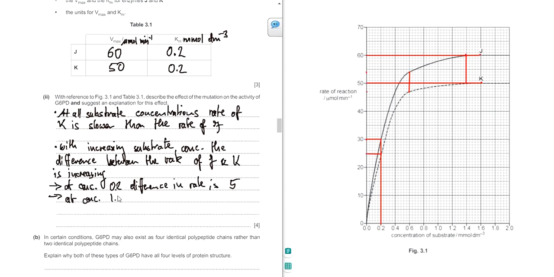At concentration 1.4, the difference in rate is 10 micromole per minute.